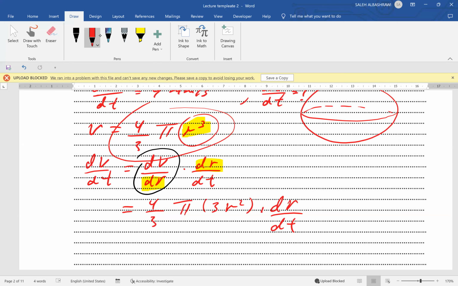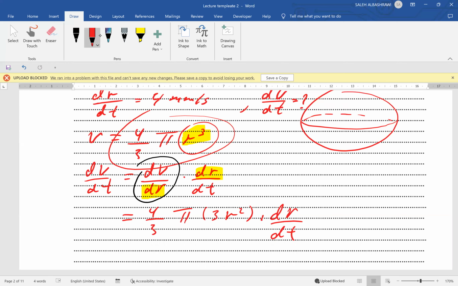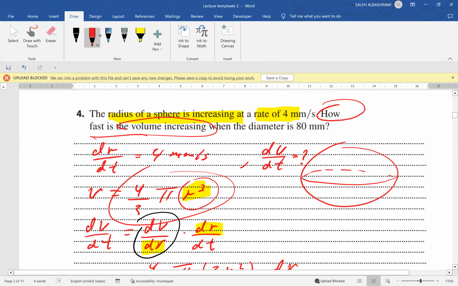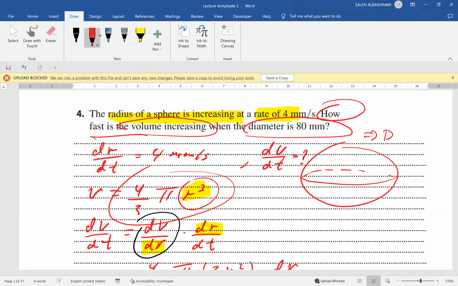Now we can substitute everything in this equation. We are given the diameter equal to 80. This means because diameter equal to 2r, so r will be 40.